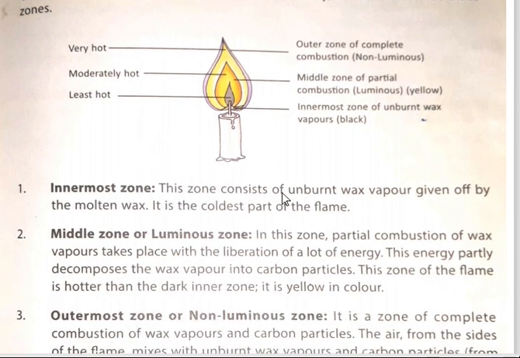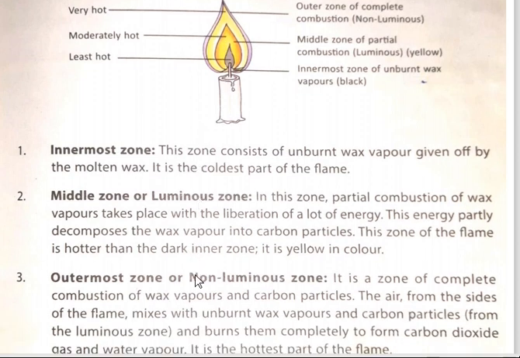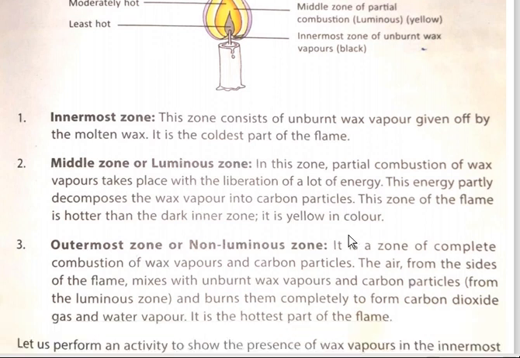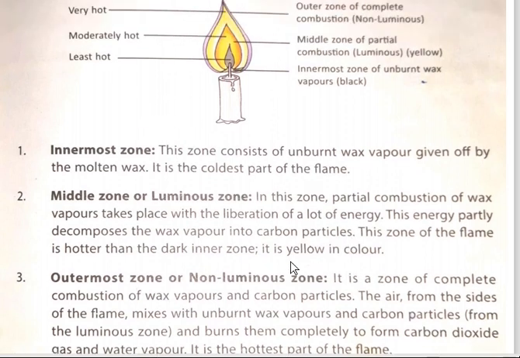So if there is partial combustion, some part of the vapor remains unburned and converts into soot.